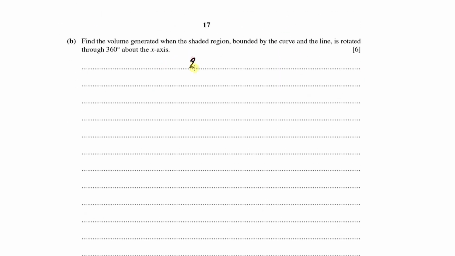So let's start with 2y + x = 8. For this, the formula for the volume of revolution is pi times the integral from the lower x limit to the upper x limit of y squared dx.